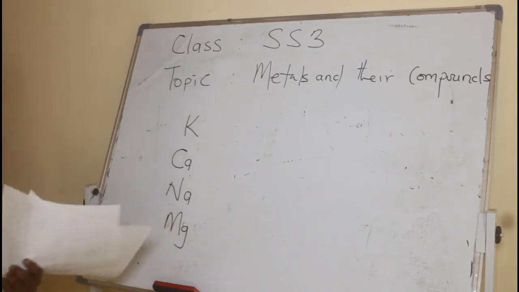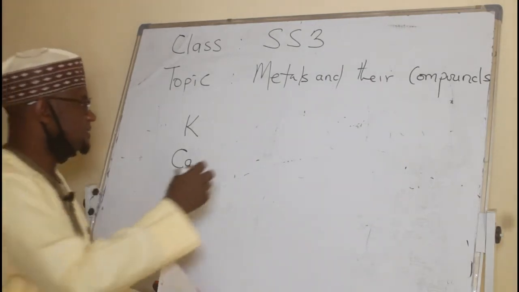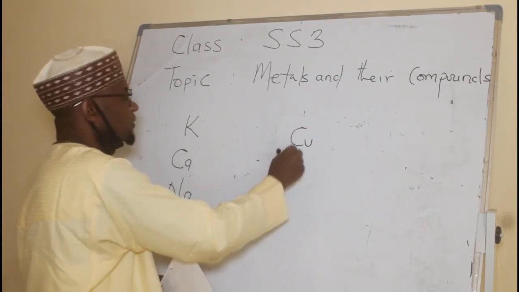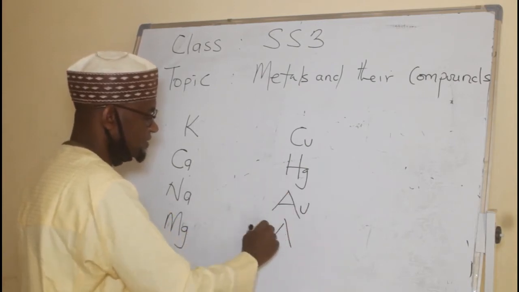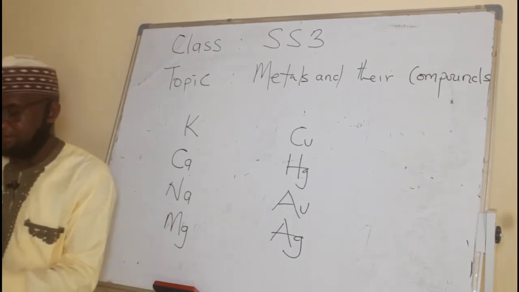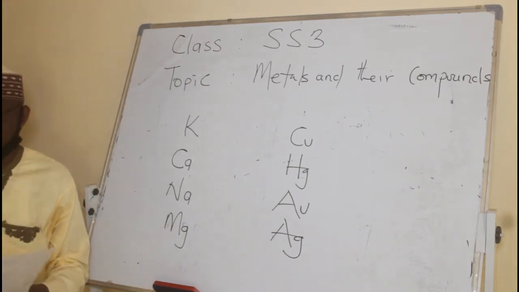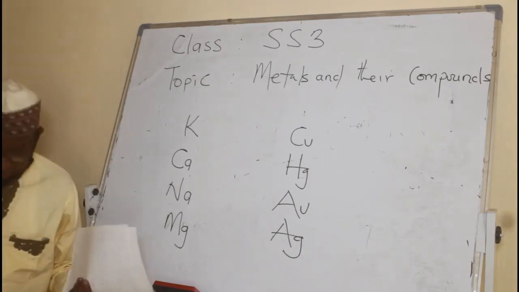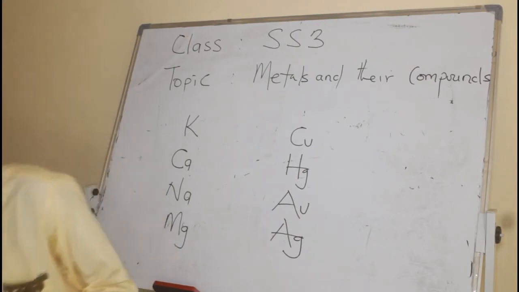So when you go to the elements at the bottom of the electrochemical series, for instance copper, mercury, gold, silver, the reactivity decreases. The most reactive is potassium. It goes down like this, up to the level whereby you come to elements that are least reactive, like mercury, silver, gold.